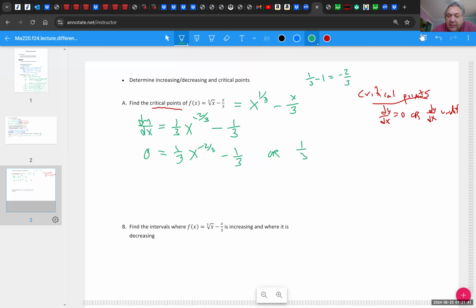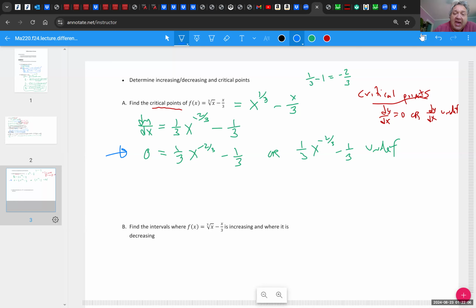So we need 1/3 x to the minus 2/3 minus 1/3 to be 0, and we need it to be undefined. So we have two problems now to solve. Let's do the one that's probably easier for folks to remember how to do, which is the equal to 0 part. Having something equal to 0 just means we need to solve and get x by itself. There's lots of ways of solving these things.